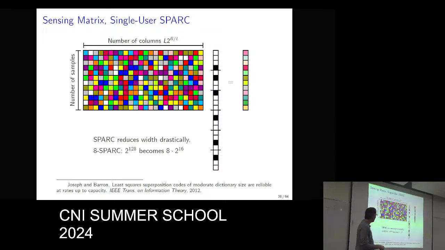So here I have L sections, and the number of bits per section is B over L, so the total number of bits remains the same, but this vector now has L non-zero entries, and the code word that you send is slightly more structured than it was before. When you fold this vector over the matrix, it's going to identify L columns, sum them up, and that's going to be the vector that you send.